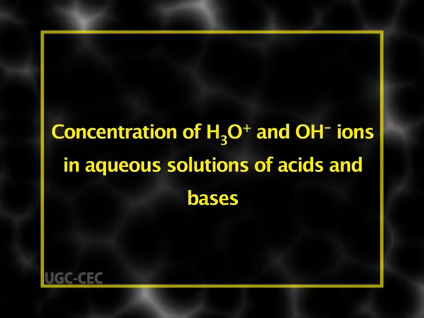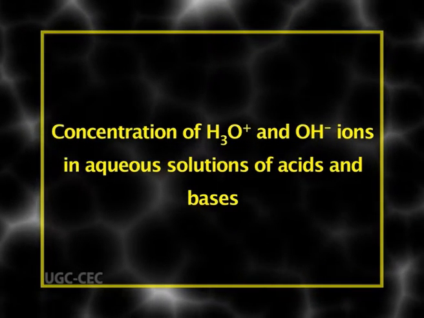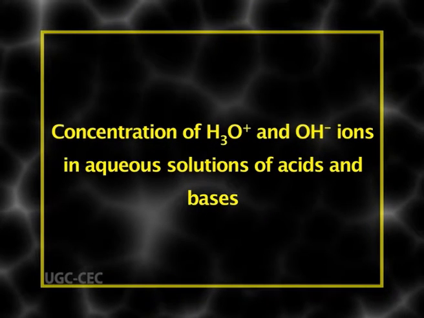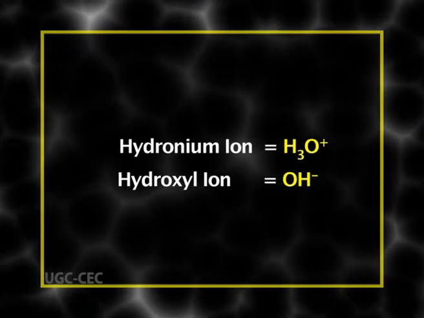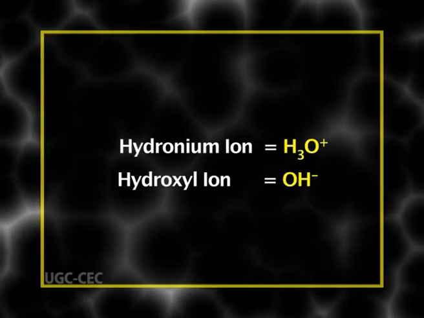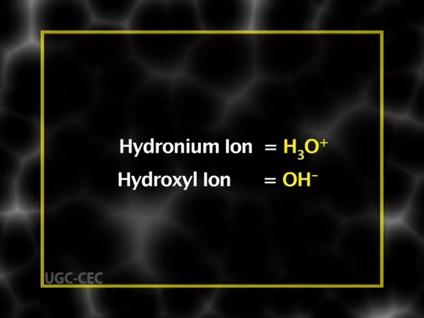Concentration of hydronium ion and hydroxyl ions in aqueous solutions of acids and bases. Hydronium ions, represented as H3O positive, and hydroxide ions, represented as OH negative, are always present in the aqueous solution, whether it is acidic or basic. However, the relative concentrations of these ions vary in different solutions.